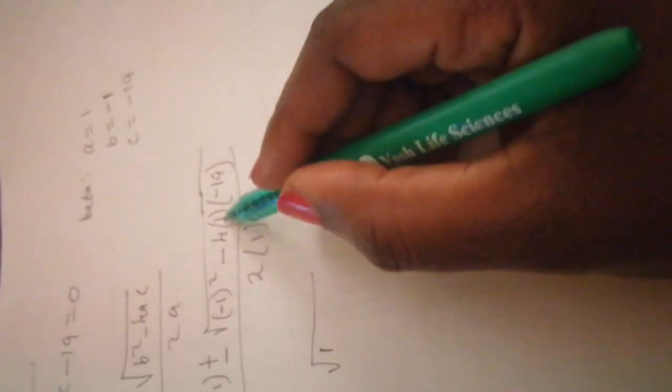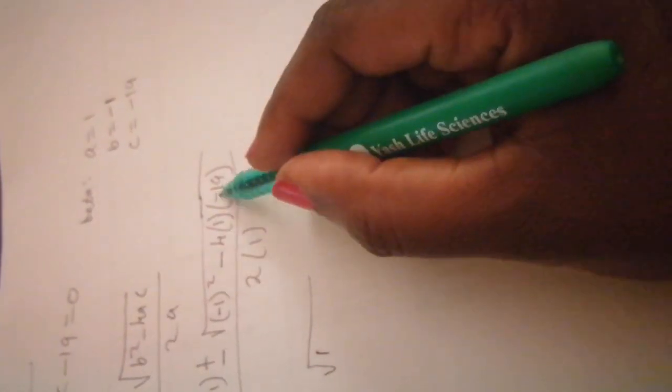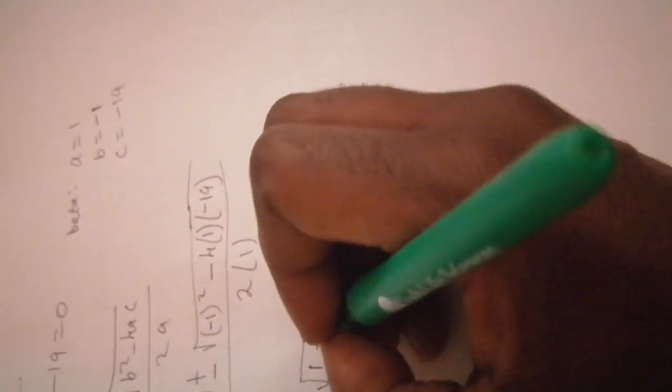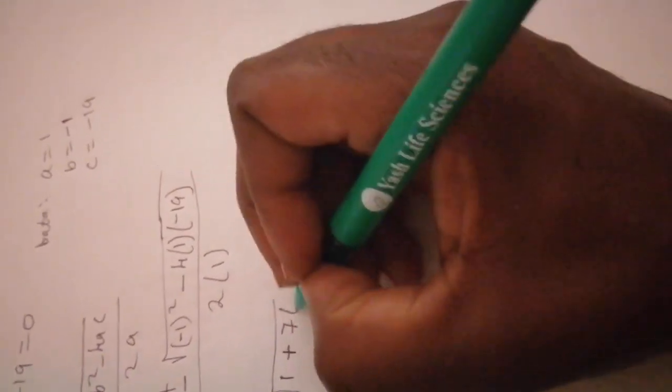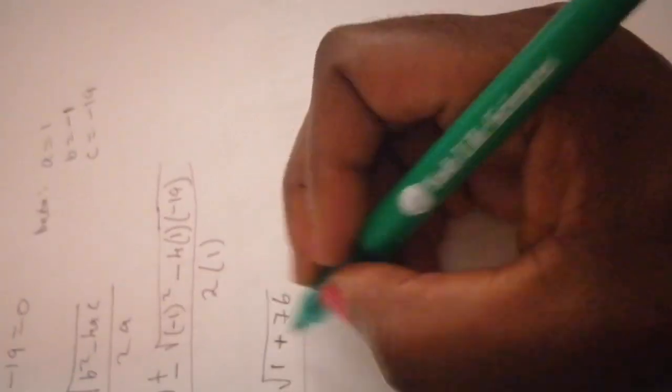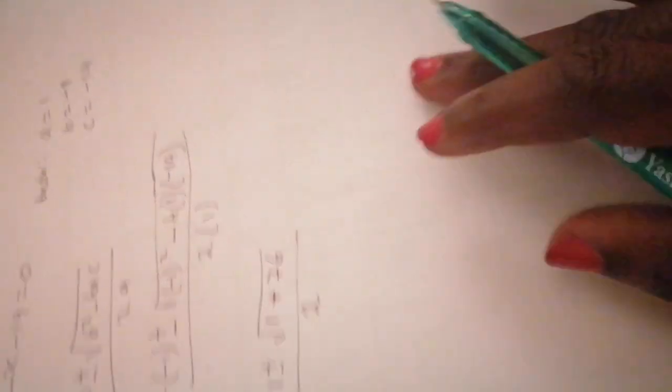So we have negative times positive giving us negative. Negative times negative is positive. 4 times 1 is 4. 4 times 19 is 76. Divided by 2 times 1, which is 2.